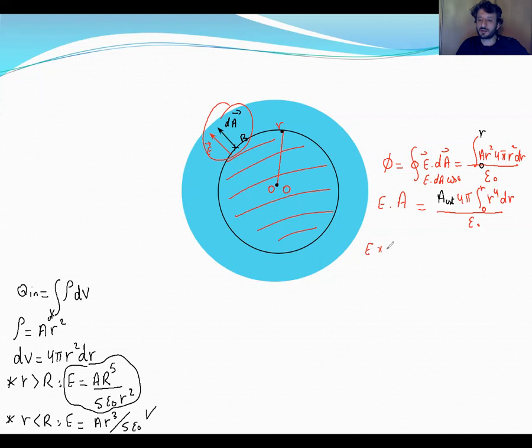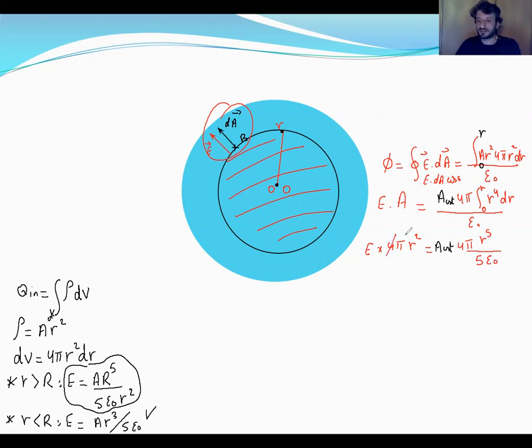E times 4 pi r squared equals the constant a times 4 pi integral of r^4, here we get r^5 divided by 5, epsilon 0.